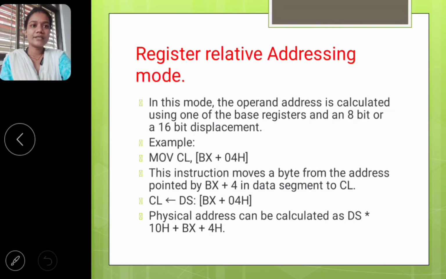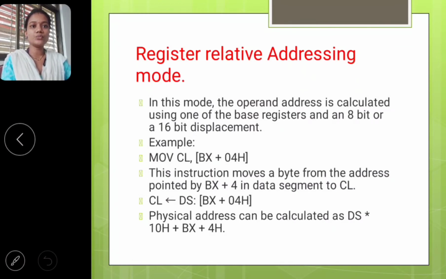Now next is register relative addressing mode. In this mode, the operand address is calculated using one of the base registers and an 8 or 16-bit displacement. So in register relative mode, only a base register and displacement are used to calculate the effective address.